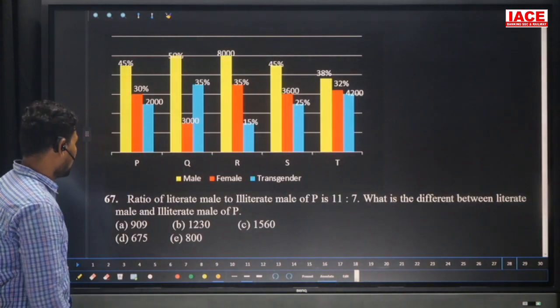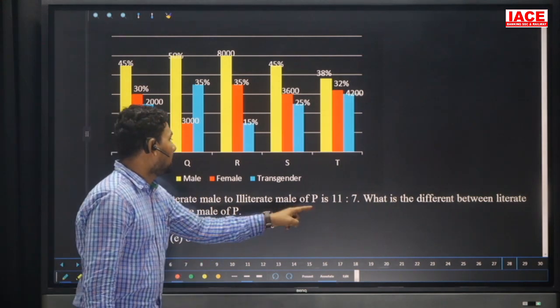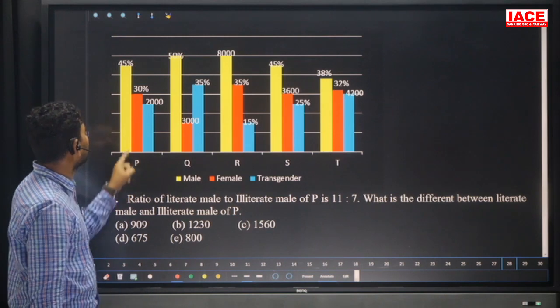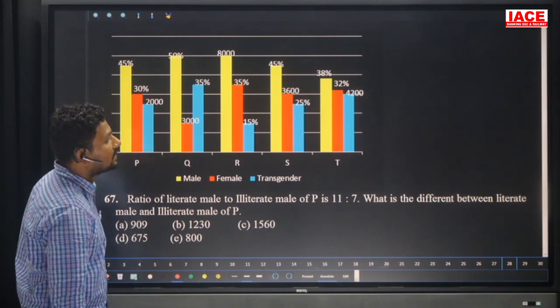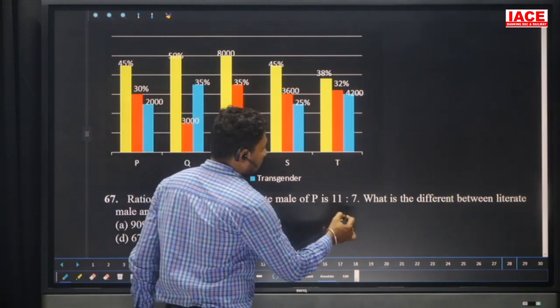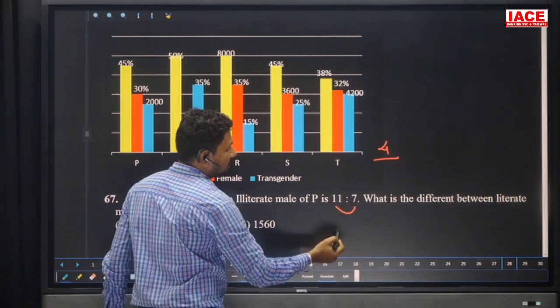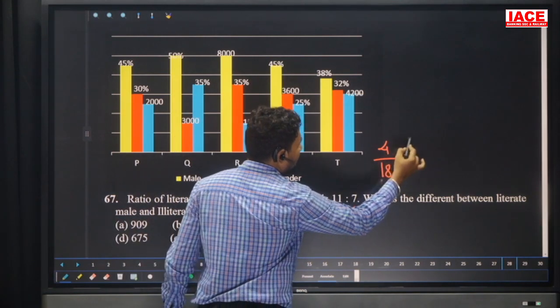Next, the ratio of literate male to illiterate male in P is 11:7. Particularly, males are 45%. What is the difference between literate and illiterate males required? The difference between 11 and 7 is 4 parts, and the total is 11 plus 7, 18 parts. So 4 by 18 of the male value is required.